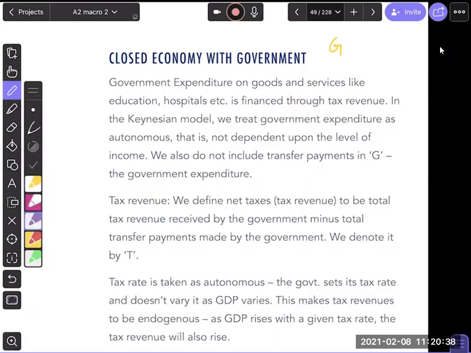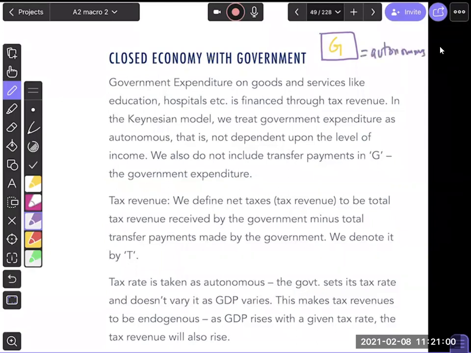And we can say this, that government's decision about expenditure could be dependent on how in the past things were, but it may not be dependent on what we call income that we have for the future. So, can I say this, that government expenditure is also what we call autonomous? Why?